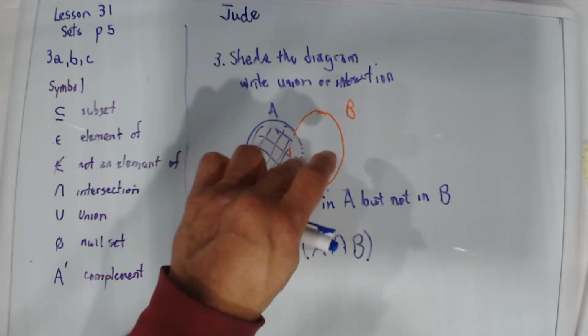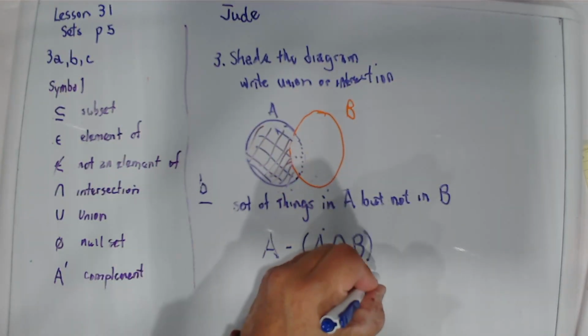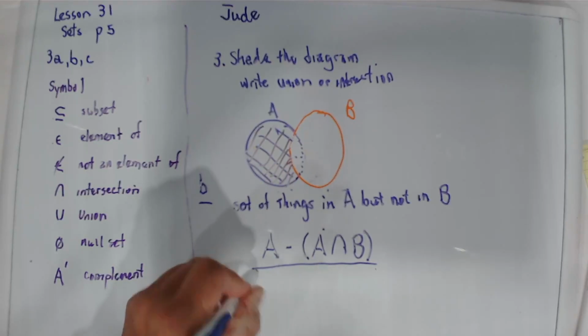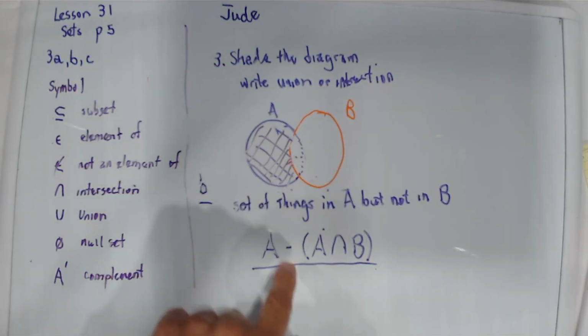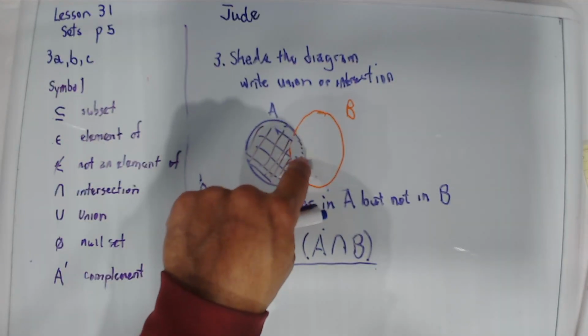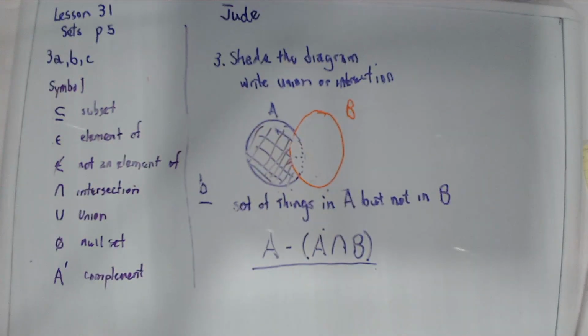Like I said, this is just nomenclature, this is the way you would write it. I want all of A, and I want to subtract the intersection of the two. There's probably a couple of ways you could write that, but this is one way.